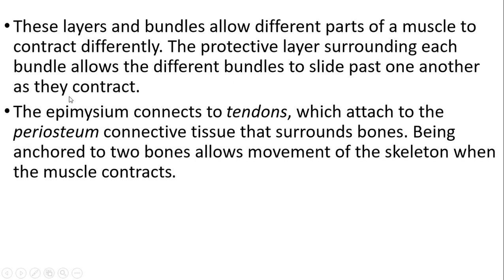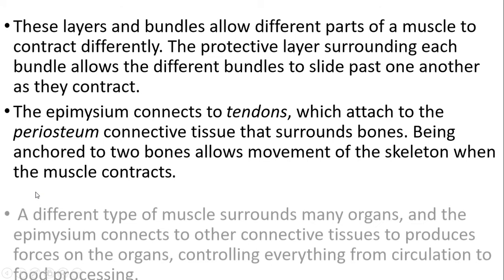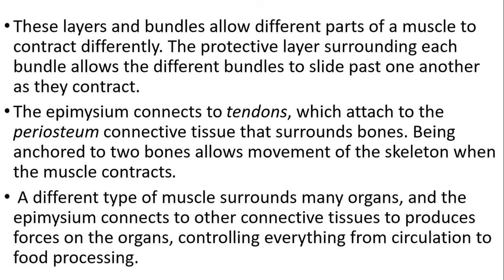The epimysium connects to tendons, which attach to the periosteum, the connective tissue that surrounds bones. Being anchored to two bones allows movement of the skeleton when the muscle contracts. Different types of muscles surround many organs, and the epimysium connects to other connective tissues to produce forces on the organs, controlling everything from circulation to food processing.